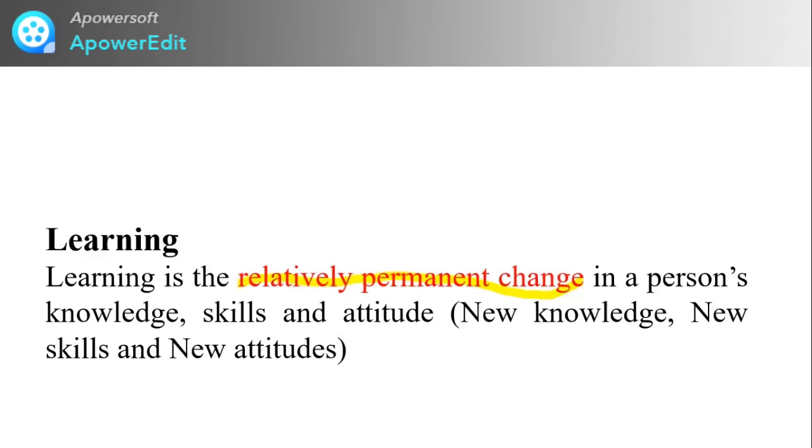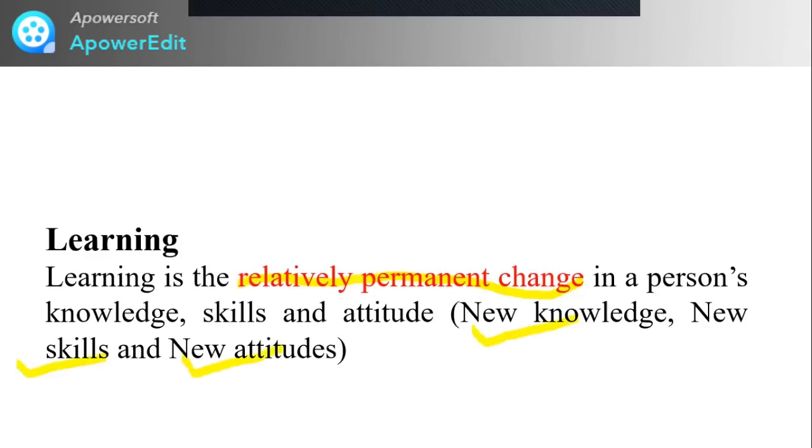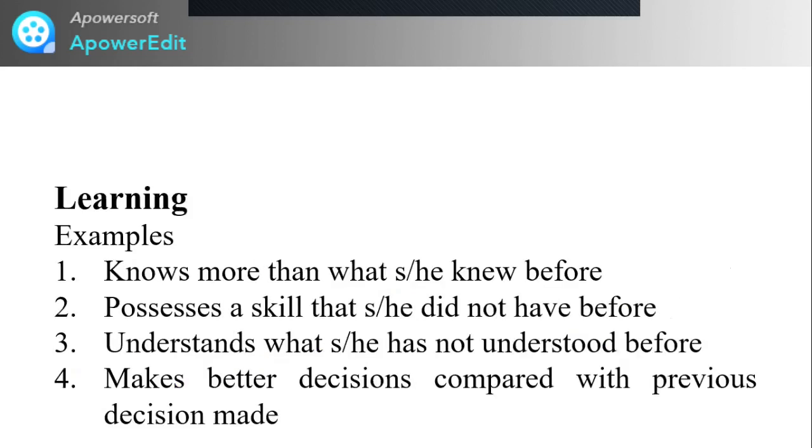Learning is the relatively permanent change in a person's knowledge, skills, and attitude. It means you have new knowledge, new skills, and new attitudes compared to the past. As a result of learning, you know more than you knew before. Before 2 years, whatever the amount you learned, now you have more.